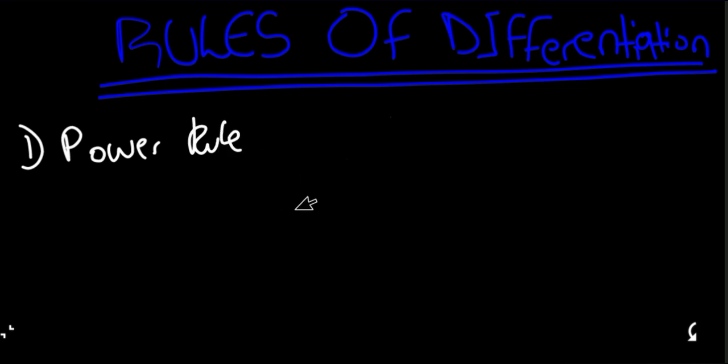The rule is used to differentiate functions in the form of, let's say, f of x is equal to a x to the power of n, where a is the coefficient of x and n is the exponent of x.